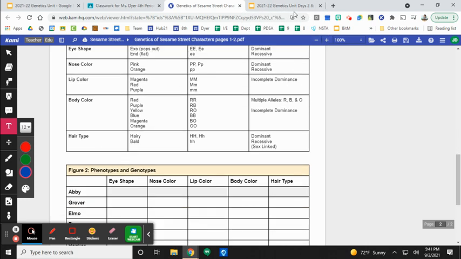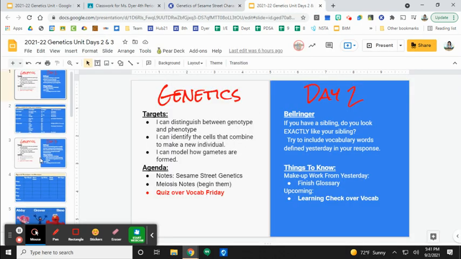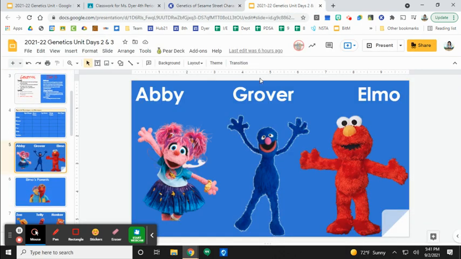So if we look at our slides presentation, here's Abby, and so we're going to take a look at some different characteristics about her, and we're going to fill those in on the Genetics of Sesame Street Characters sheet.